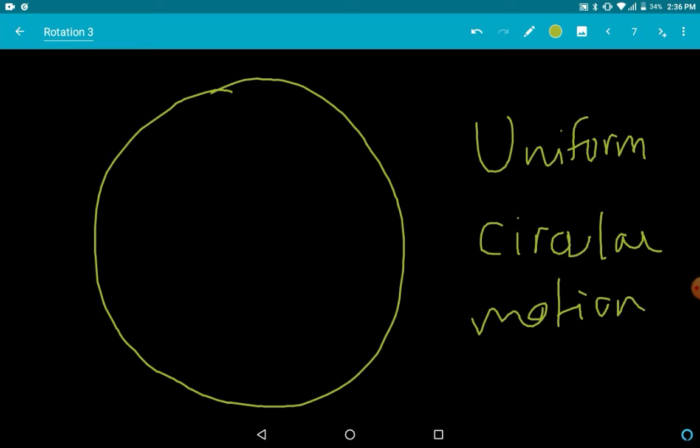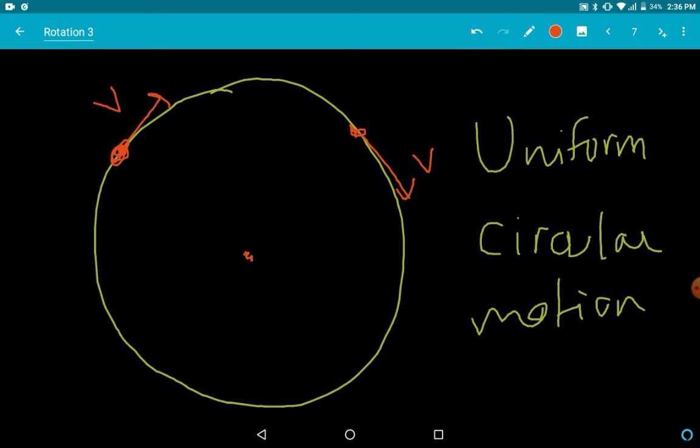What is uniform circular motion? If a particle, obviously if it is going through a circular motion, then it should be a point mass, around the center of the circle, is moving with a constant speed.